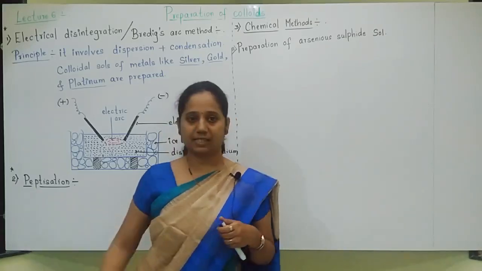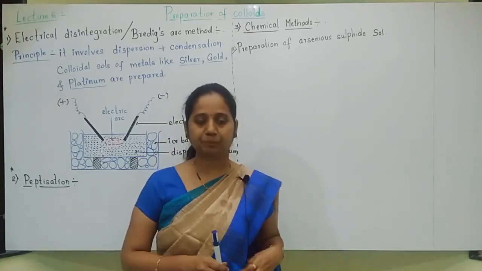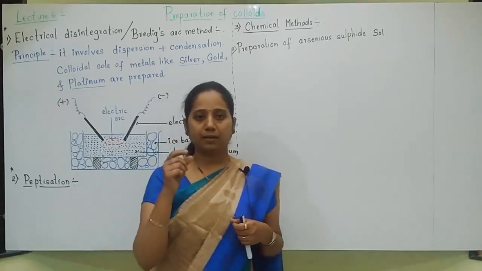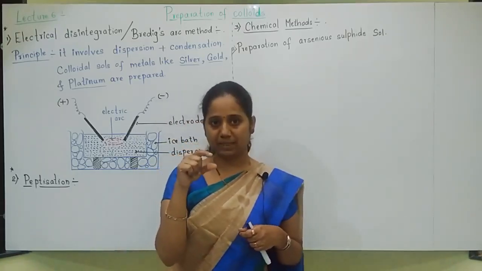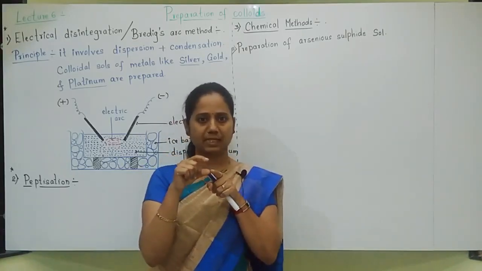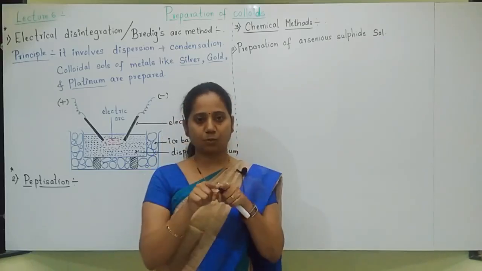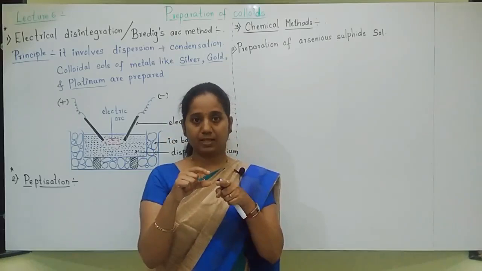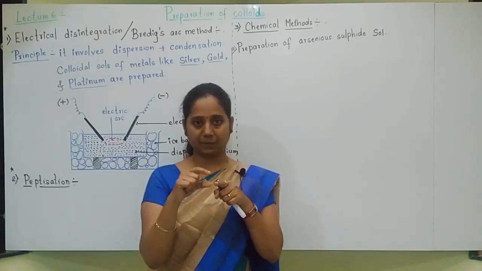The second method is peptization. First understand the method. Peptization method. A freshly prepared precipitate will be there. By some chemical method, a freshly prepared precipitate is first taken. Imagine a test tube. In that, the freshly prepared precipitate is taken.